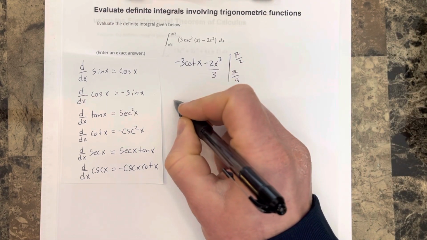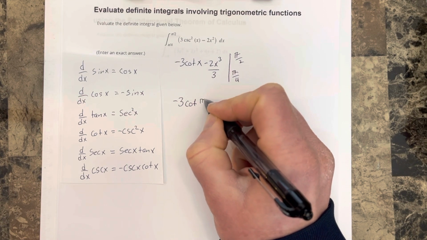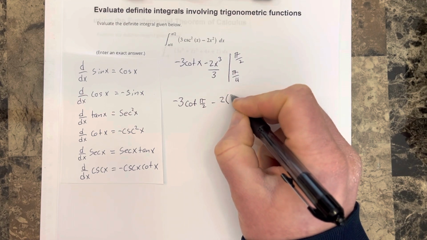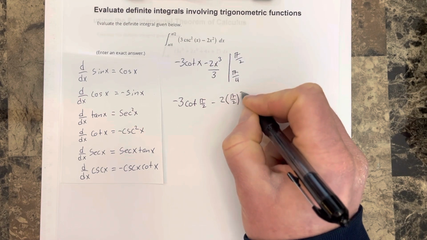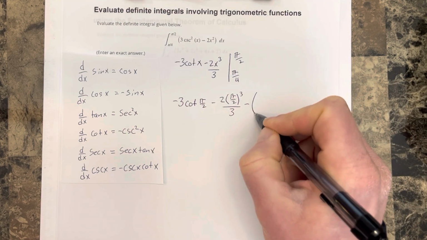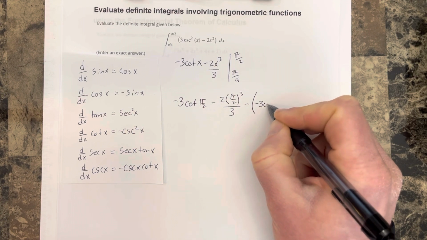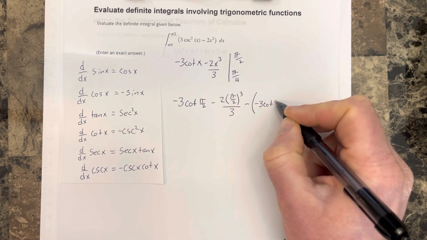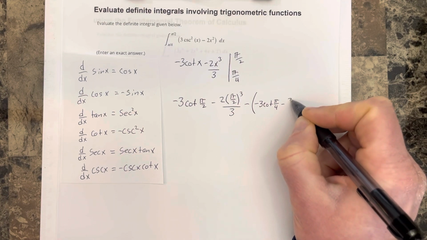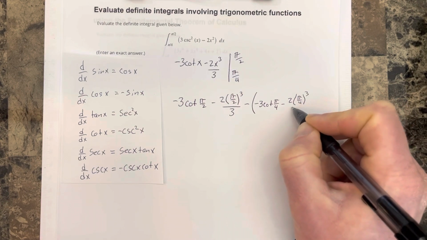So I end up with negative 3 cotangent of pi over 2 minus 2 times pi over 2 cubed divided by 3, minus negative 3 cotangent of pi over 4 minus 2 times pi over 4 cubed divided by 3.